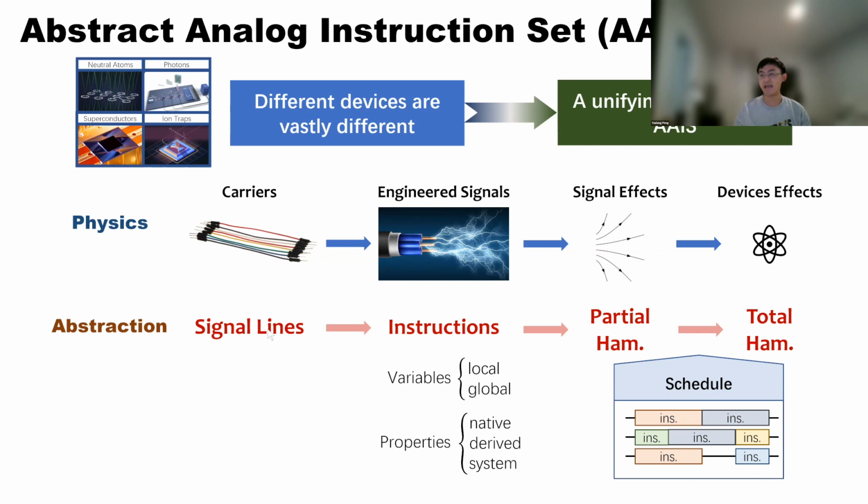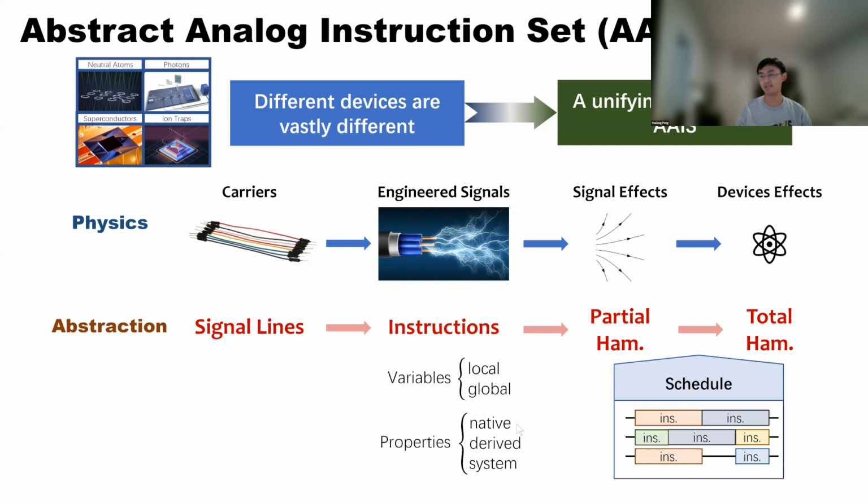The signal lines can carry different instructions, which are packaged pulses that can realize several partial Hamiltonians. In these instructions, they can use local variables and global variables to model the configurable parameters of the pulses you can send to the machine.